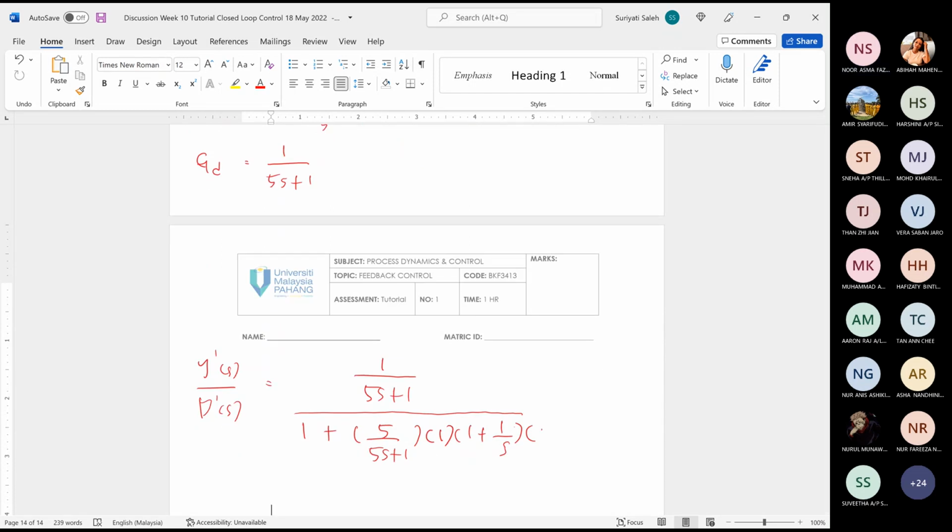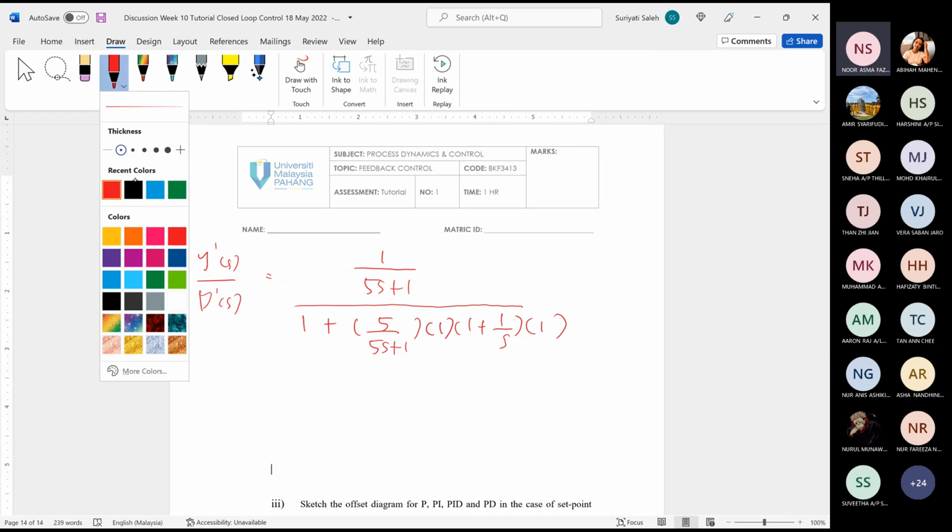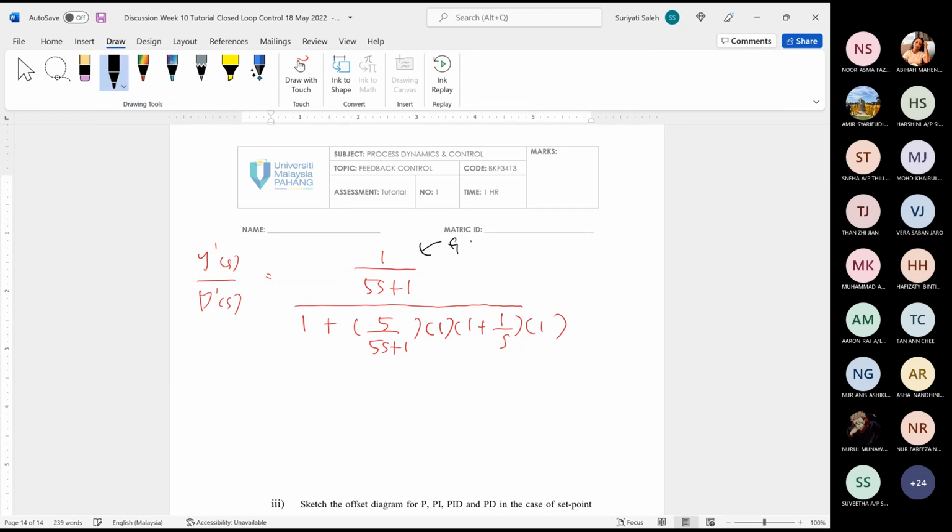All right. We just substitute all of the given transfer functions inside the disturbance change problem. 1 over 5s plus 1 is your GD. This is your GP, this is your GV, and this is your GC, and this is your GM. All right, so we have included all of the relevant transfer functions.